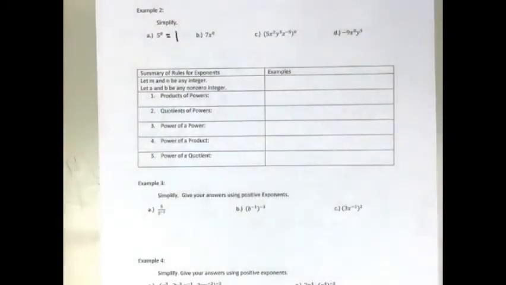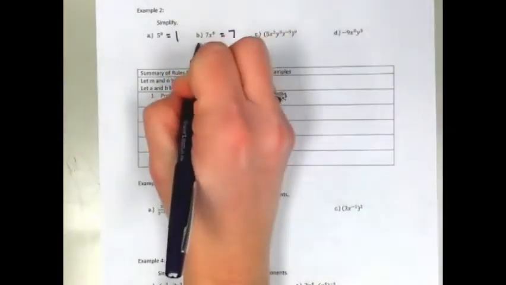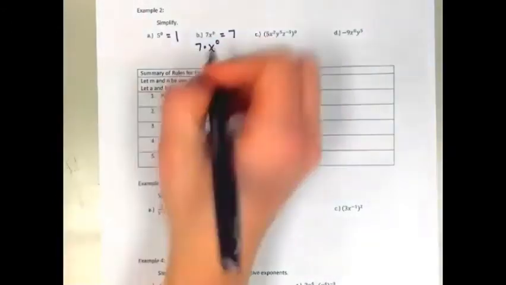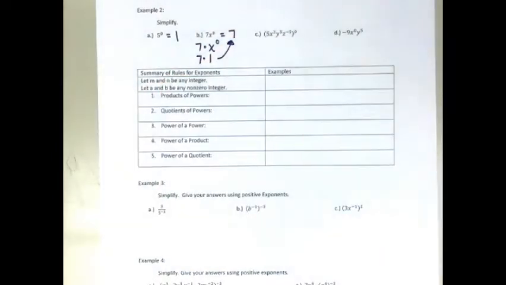What is 7x to the 0th? 7. Why? Because 7x to the 0th means 7 times x to the 0th. And what's x to the 0th? 1. So 7 times 1 is 7. 1 unless x is 0.